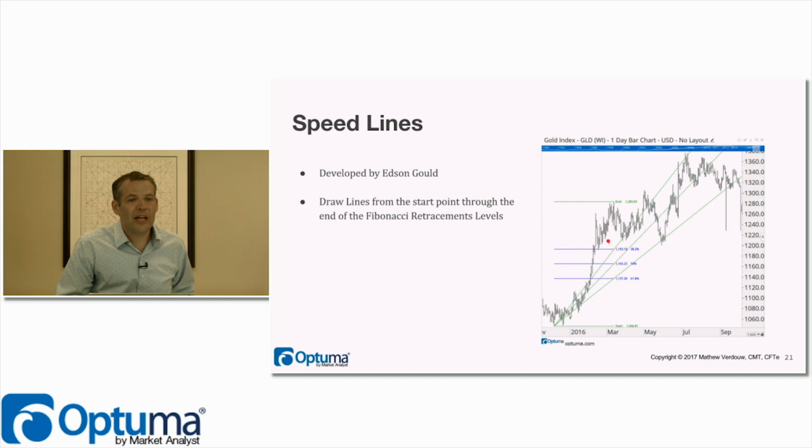Wherever our ending point was in time, that will be where our Fibonacci lines are, and we just draw lines through them. You can see how these work. They become these really interesting points of support and resistance in the market as time goes on. So just a nice little tool that you can use.